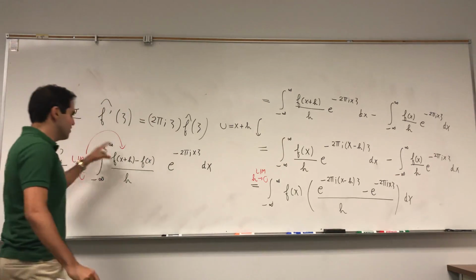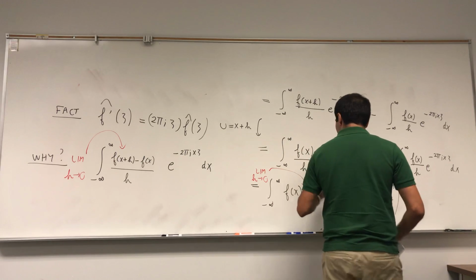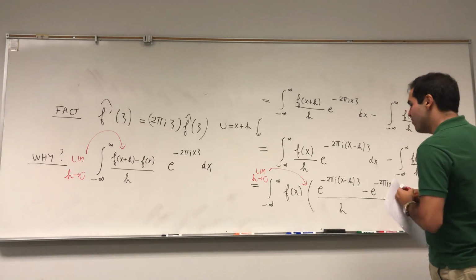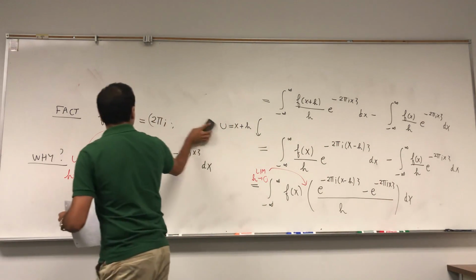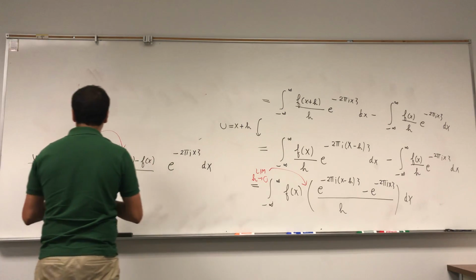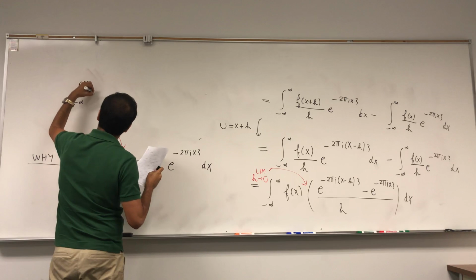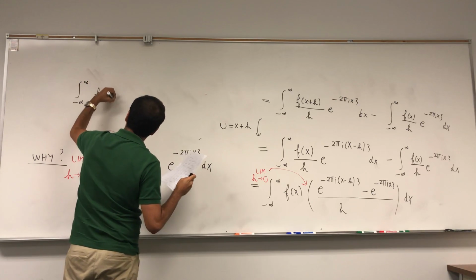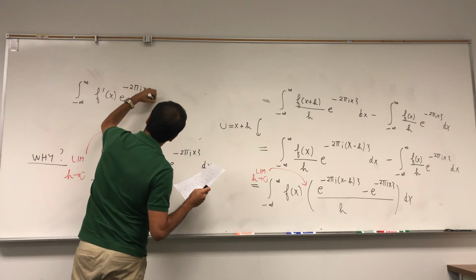So basically assume that we can just take the limit inside the integral. And again, same here. What you end up with is the following. The left-hand side becomes the integral from minus infinity to infinity of f prime of x, e to the minus 2 pi i x xi dx.